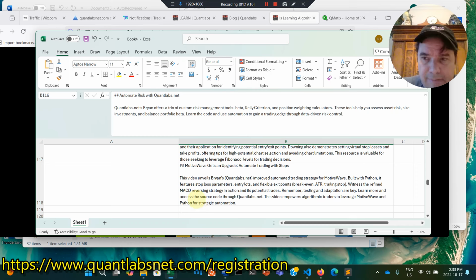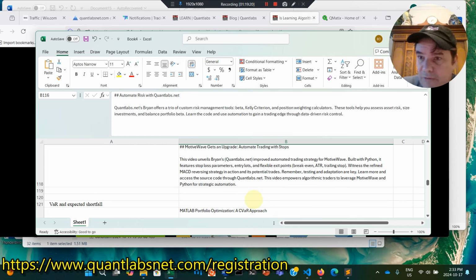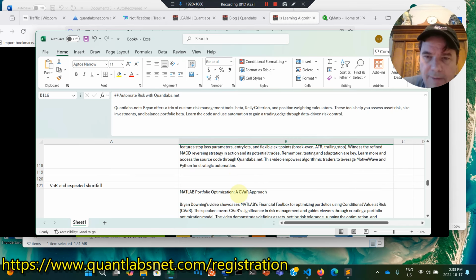Witness the refined MACD reversing strategy in action. That's one of the most effective ones that I've seen, and its potential trade with the results. Testing and adaptation are key. So we've talked about that in various topics here. And access the source code, empowering algorithmic traders to leverage MotoWave and Python for strategic automation.